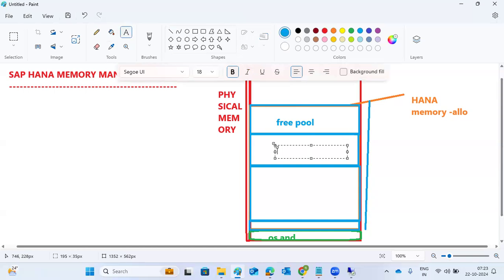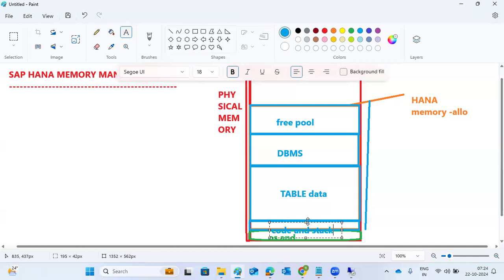Then there is DBMS related management data and table data already there. Why? Because when you install the HANA database, it will occupy some table data and so on. Also we have the code and stack related data.